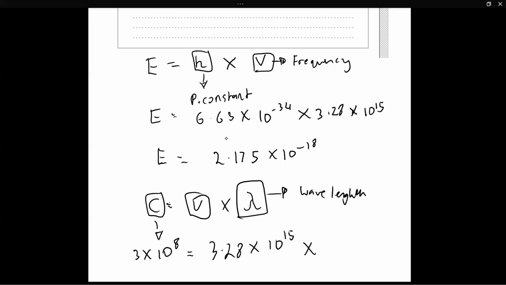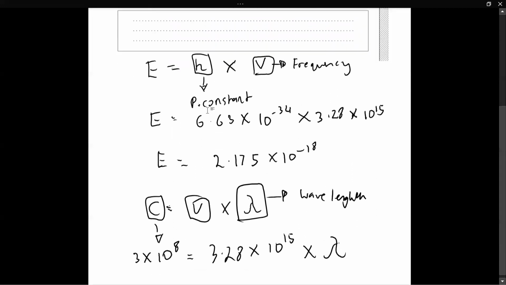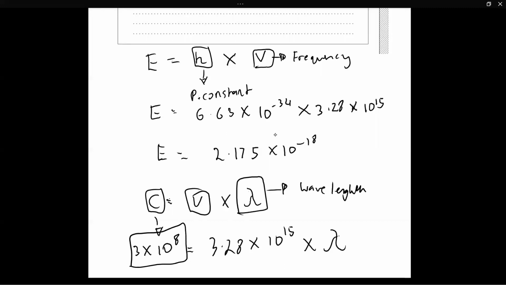This is what we have to find out. As you can see from the question, they've asked us to find the wavelength in meters. And by the way, you can find the speed of light in section 2, given a few spaces above Planck's constant in the data booklet.